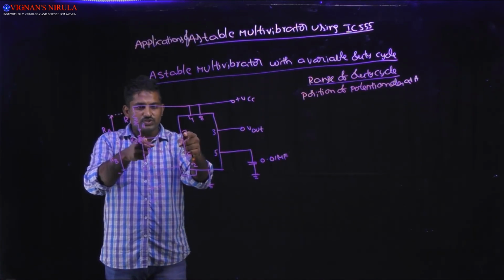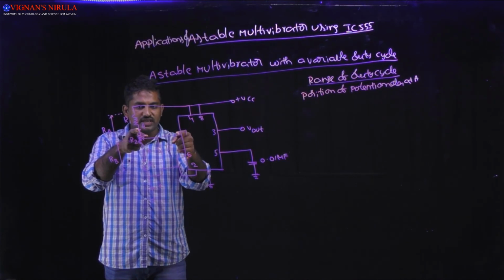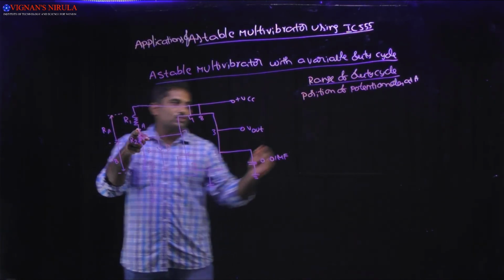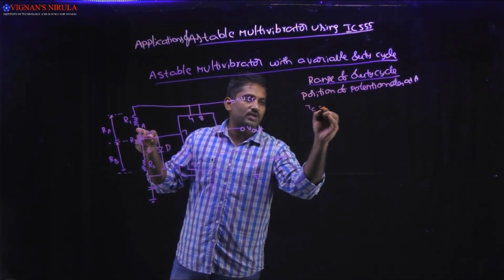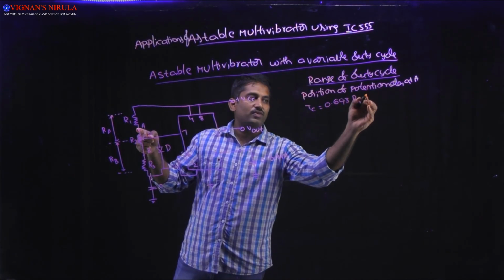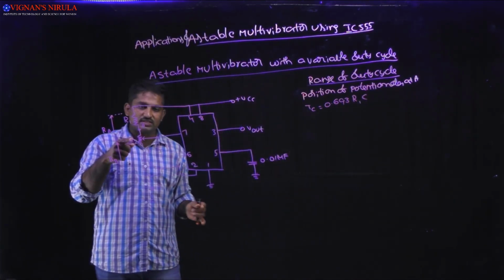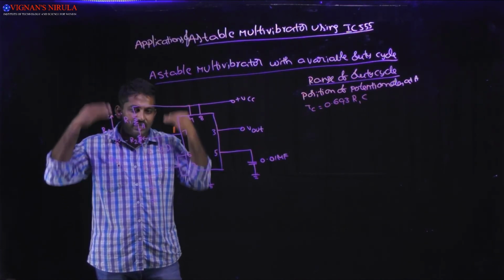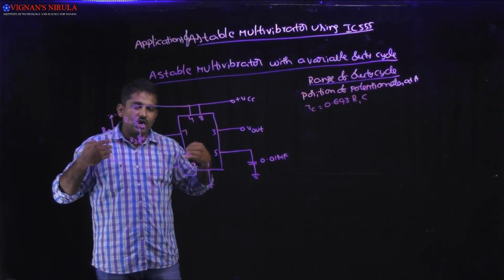When the position of the potentiometer is at A, then the charging path is R1 and the diode. So TC will be equal to 0.693 into R1 into C. In this case, part of R2 will be 0, because the entire R2 will be connected to R3.